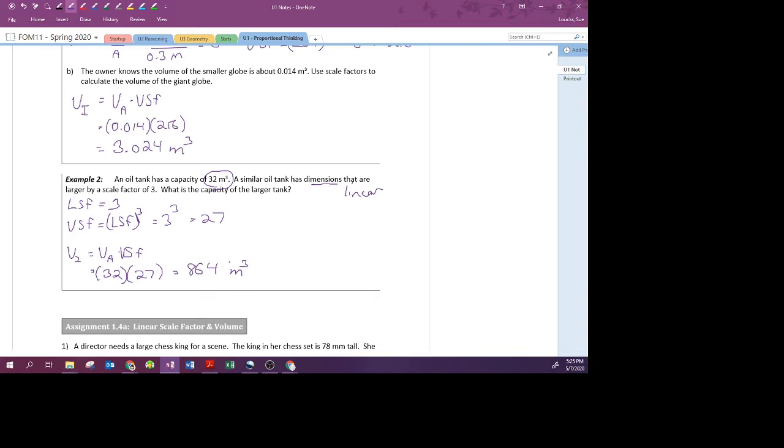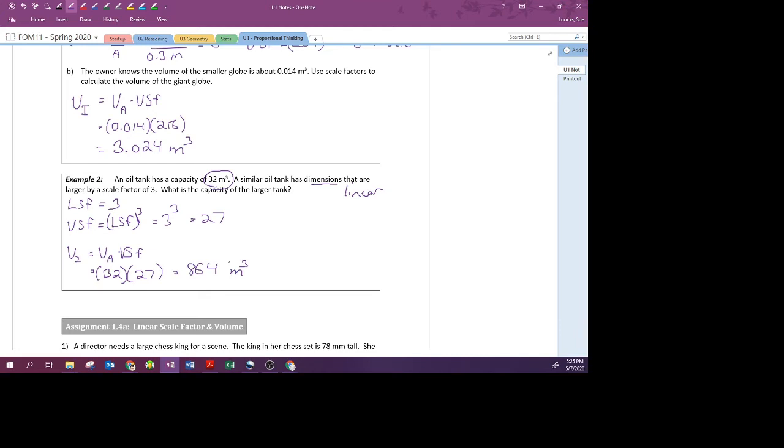What I want you to notice here is that you didn't need the formulas for calculating the volume of any particular shape. In fact, this one we didn't even know what shape the tank is. Could have been shaped like a marshmallow or a mushroom or a donut. I don't know.